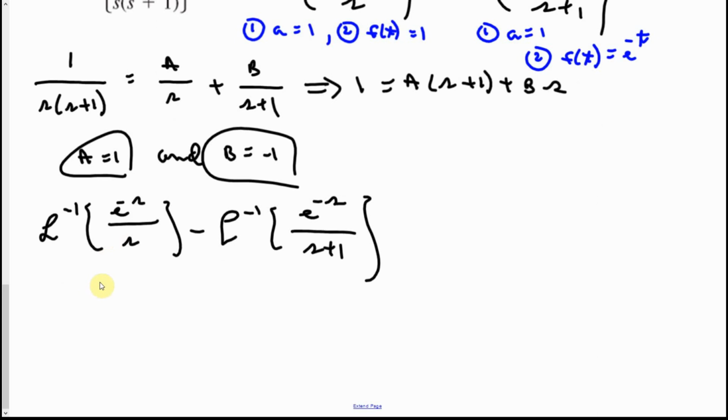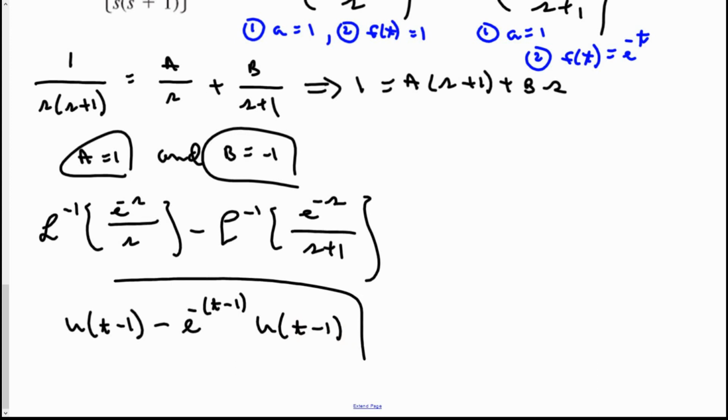The function is, we said, 1, and then times its unit step, this is u of t minus 1. Minus this function, e to the negative t, but we have to write that t as t minus 1 times its unit step of t minus 1. Okay. And that's it. Man, let's go.